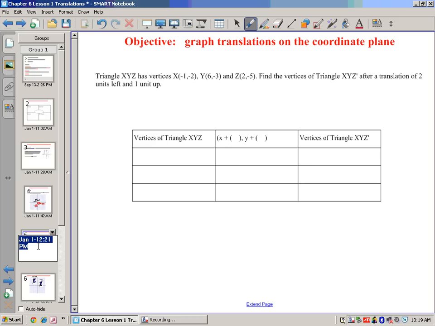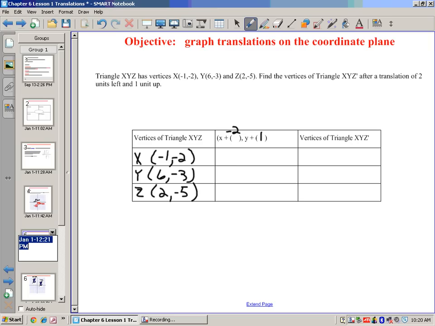The left means we're going to negative 2. And then our Y is being added. We're going up, so that's a positive. So we're going to add 1 to Y. Okay, and then on the vertices of the triangle, we're going to put our X here. Negative 1, negative 2. We have Y, which is 6, negative 3. And Z, which is 2, negative 5.